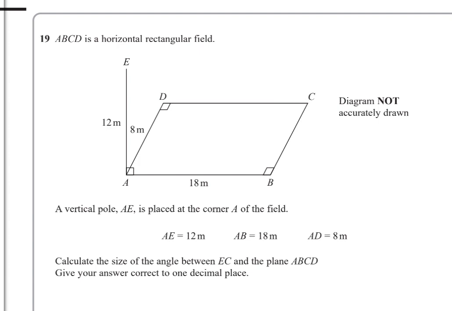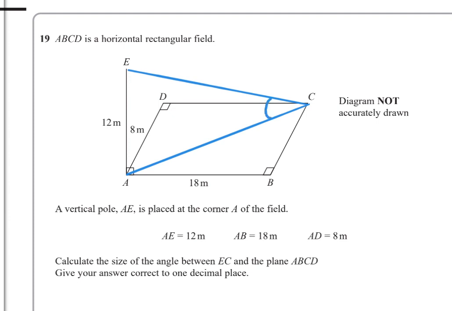To find the angle between EC and the plane, from E we drop a line down to A. So join AC. So this is AC. Now join EC. So we need the angle between AC and EC. To find this angle, we have a right angle triangle.